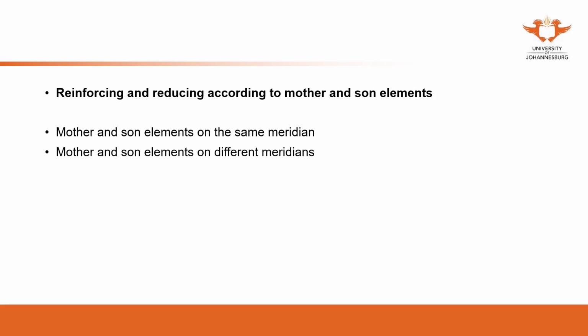So that's the only two clauses you need to memorize. I didn't write them on the slides, so you need to take your own notes. The mother and son elements; second, the mother meridian of the mother element, the son meridian of the son element. So that's what we said here: the mother and son elements on the same meridian, and the mother and son elements on different meridians.